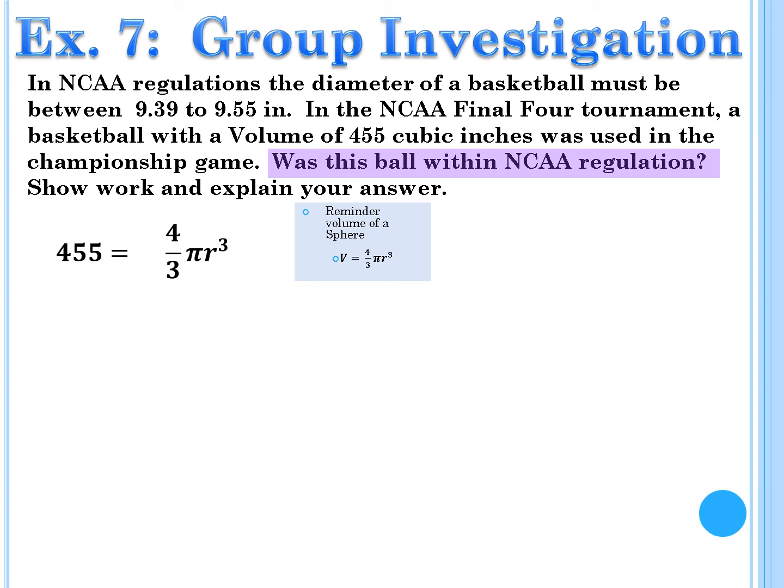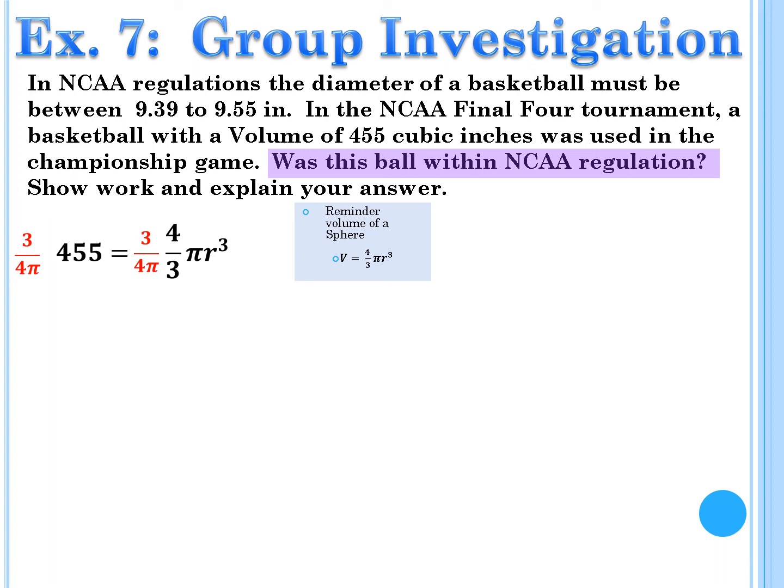Now, the first thing I want to do is I need to get rid of multiplication by 4/3. So I'm going to multiply both sides by 3/4. But we also have to get rid of the pi. Now the pi is technically in the numerator. So I'm going to multiply by 3/4, but I'm going to put the pi in the denominator of that fraction so that they will cancel. So it looks a little bit like this. So the 3's and the 4's will cancel.